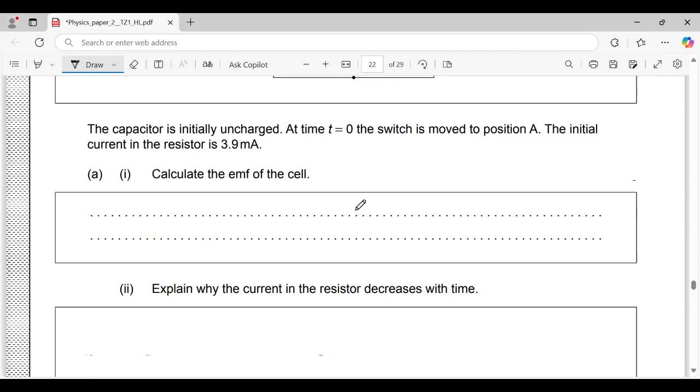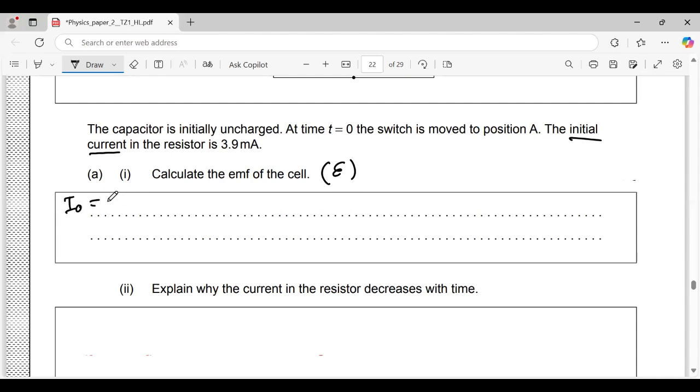EMF symbol is epsilon. So we are going to find the EMF. Okay. In these questions, we have information regarding the initial current.